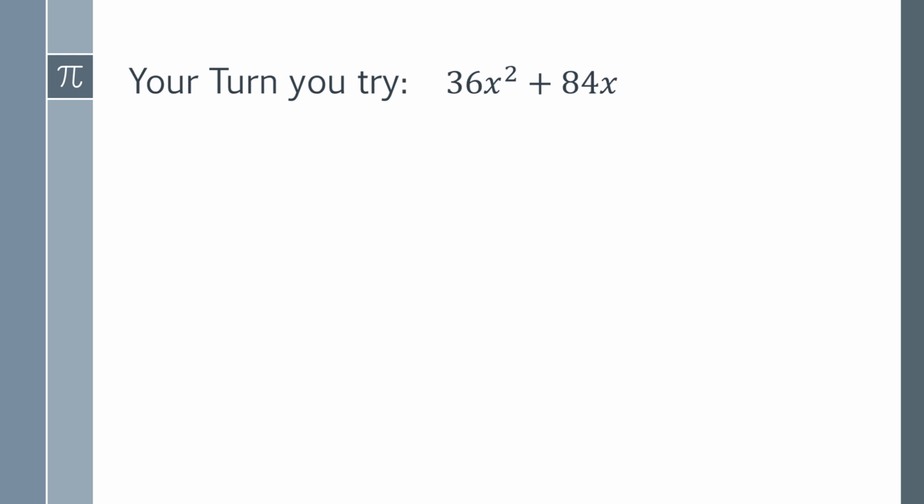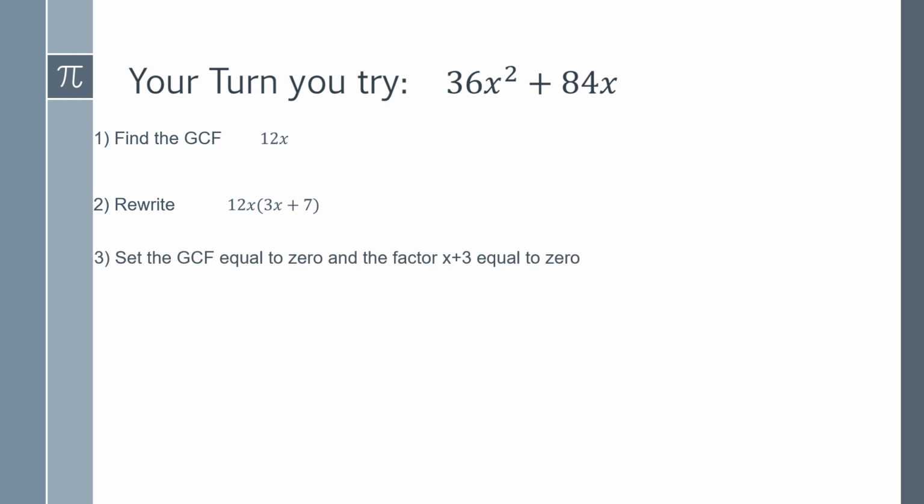All right, welcome back. Let's see what you did. Did you get the greatest common factor to be 12x again? Did you rewrite it as 3x plus 7 on the inside and then 12x on the outside? Did you set them to be equations?